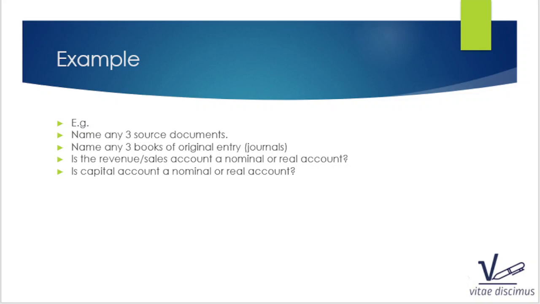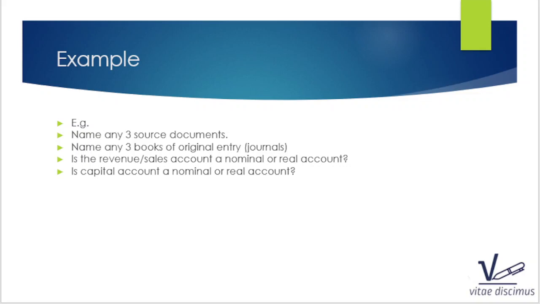Two, can you name any three books of original entry? That is the journals. Three, is the revenue or sales account a nominal or real account? And four, is capital account a nominal or real account?